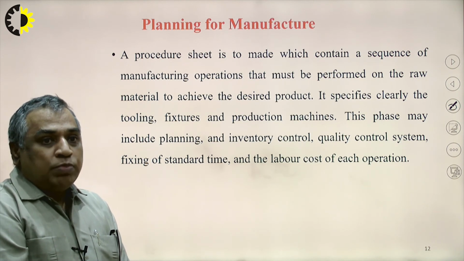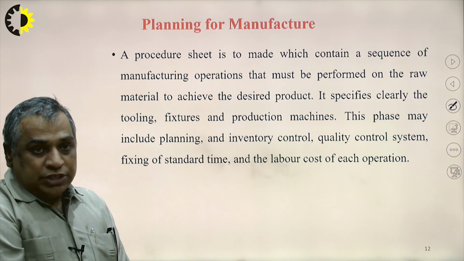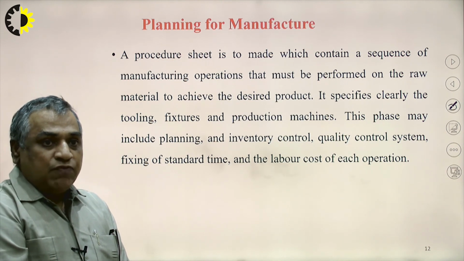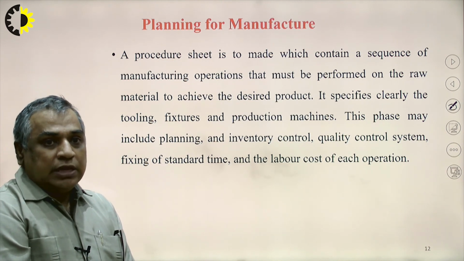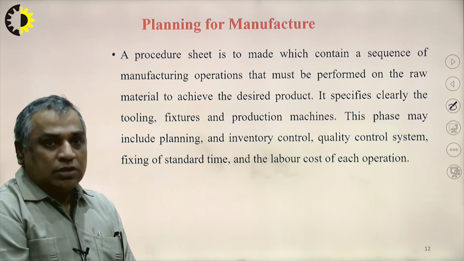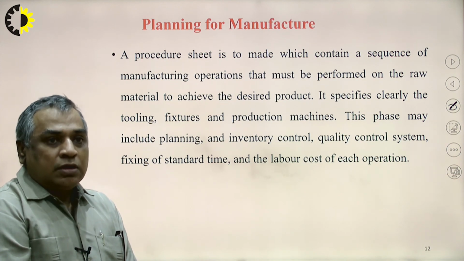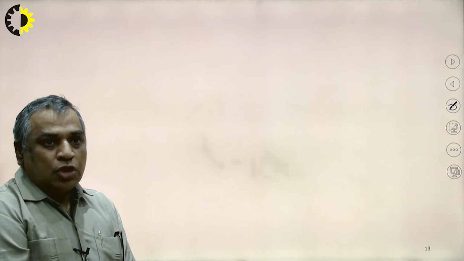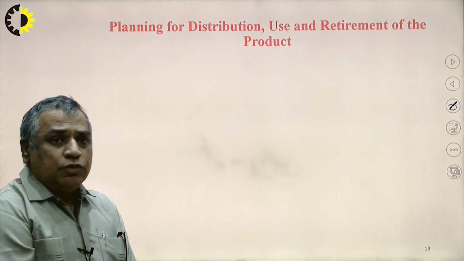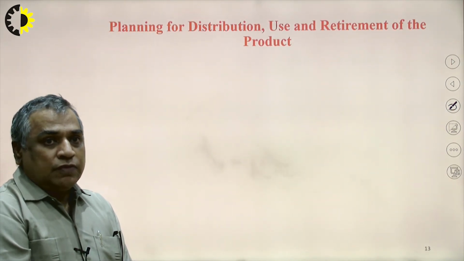This phase may include planning and inventory control, quality control systems, and fixing of standard time and the labor cost of each operation, so that the cost can be minimized or optimized.